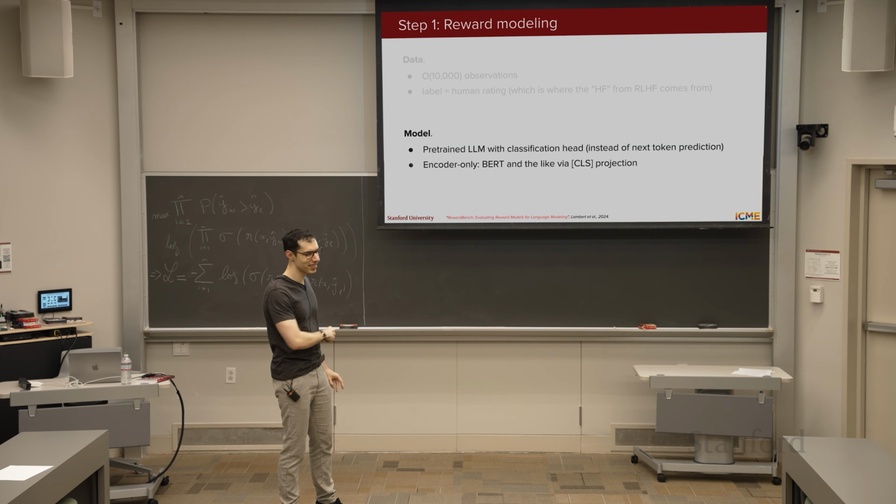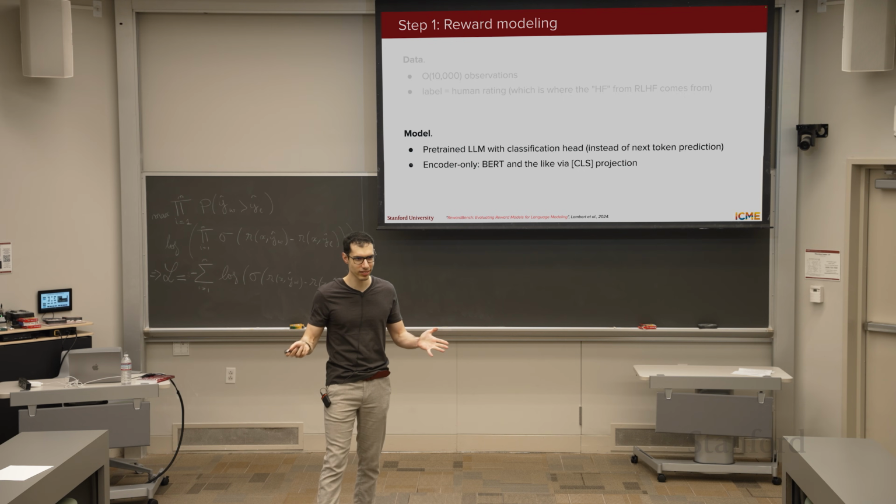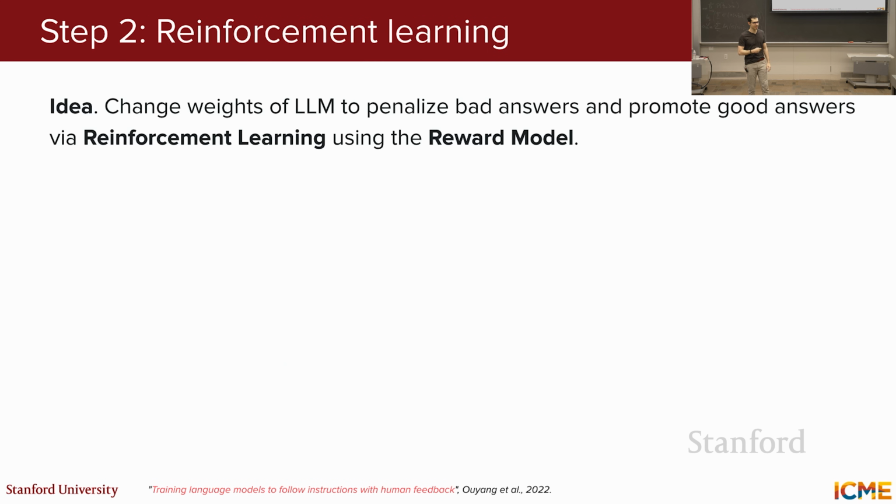So what we did is train a reward model. Now, the second step is to use that reward model to align our model, and by model, I mean the LLM. The LLM that went through the pre-training stage and the SFT stage is the model that we want to align with human preferences.